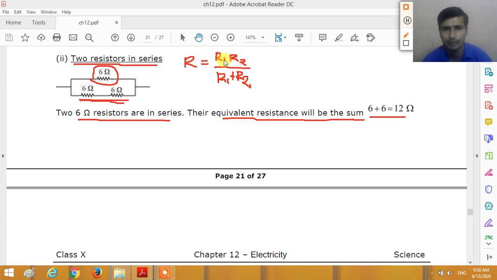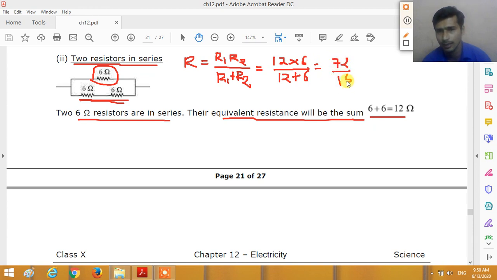So here R1 we take as the combination of these two, that means 12 ohm, multiplied by R2, which is 6 ohm. So we get 12 multiplied by 6 divided by 12 plus 6. So dear students, 12 multiplied by 6, what do we get as the answer? 72 divided by 18.